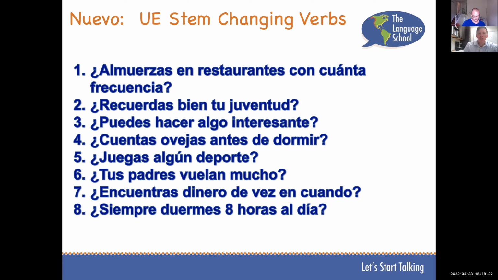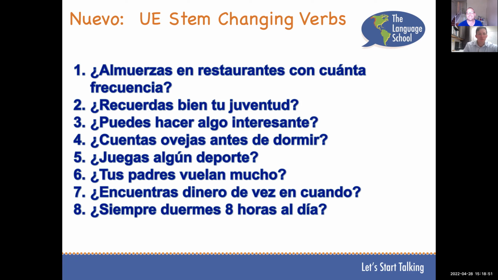Puedo jugar béisbol después de trabajo hoy. ¿Puedo jugar béisbol? O puedo ver béisbol? Puedo jugar, sí. Softball, I don't know it. Sí, softball, baseball, softball. Qué interesante, muy bien.